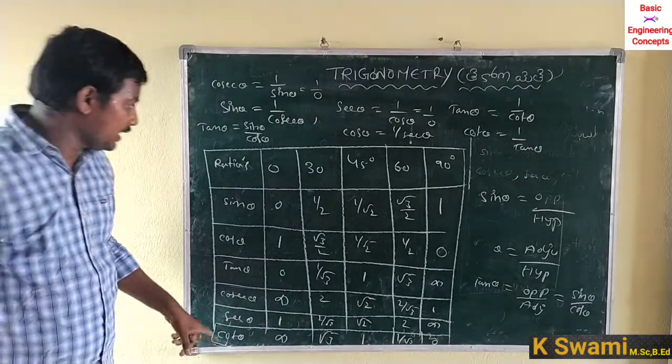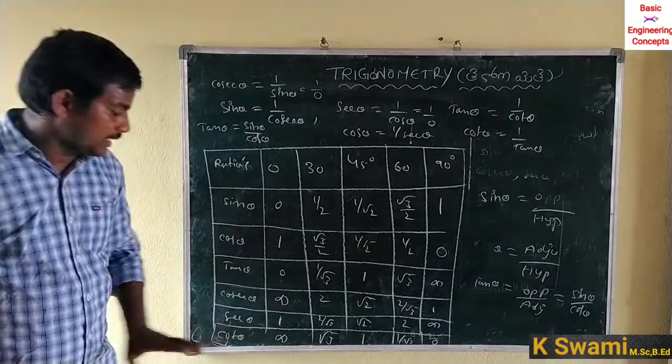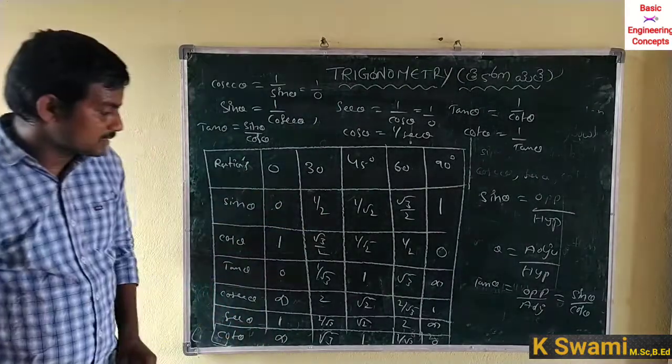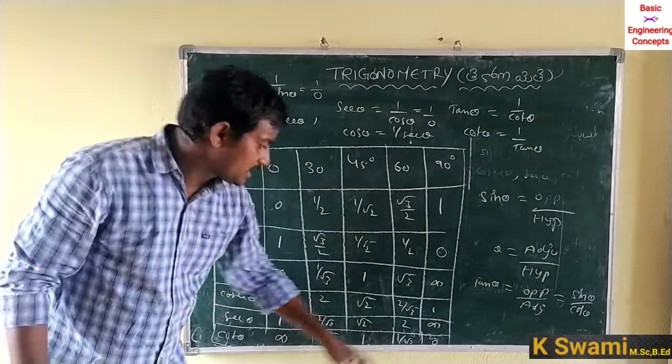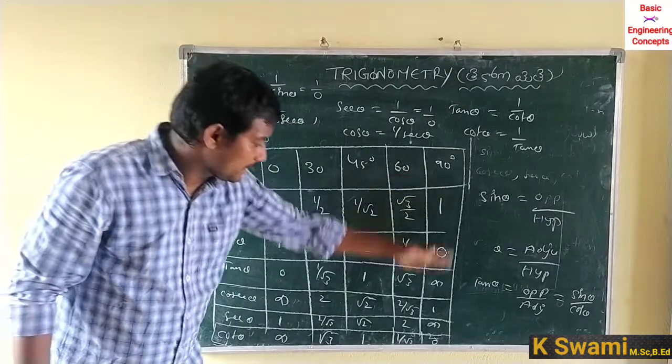So it's clear. Finally, cot 0 is undefined, cot 30 degrees is equal to root 3, cot 45 degrees is equal to 1, cot 60 degrees is equal to 1 by root 3, and cot 90 degrees is equal to 0.